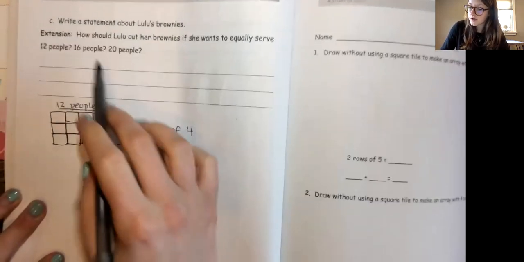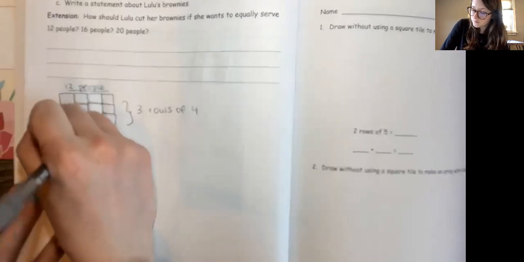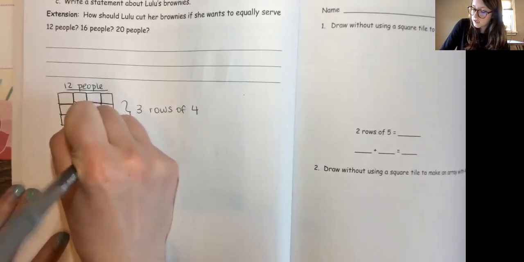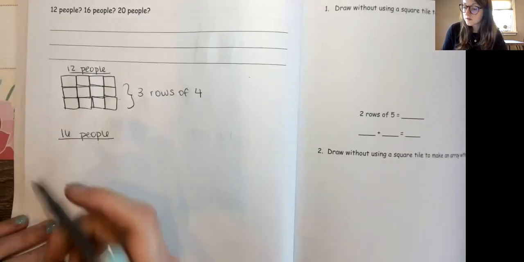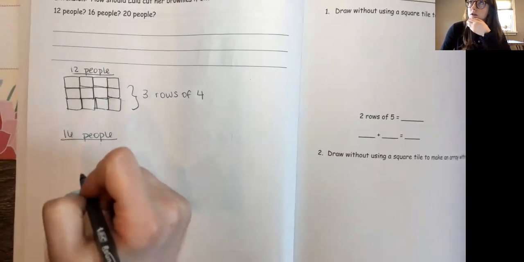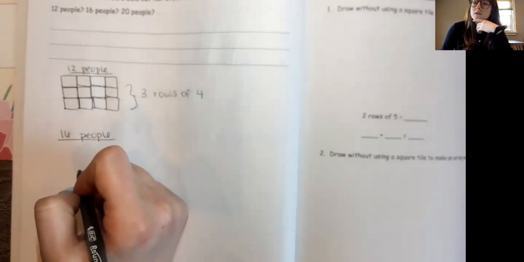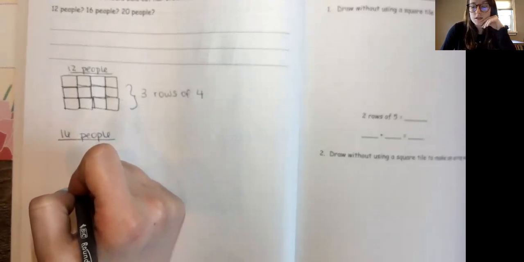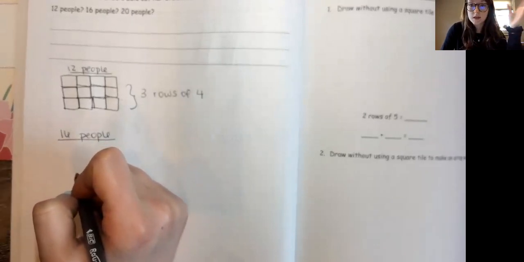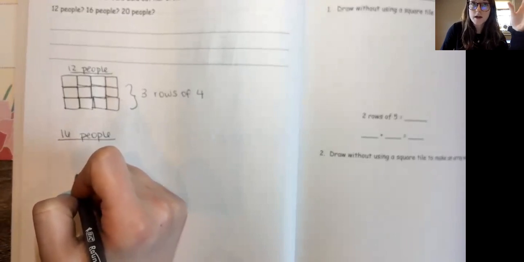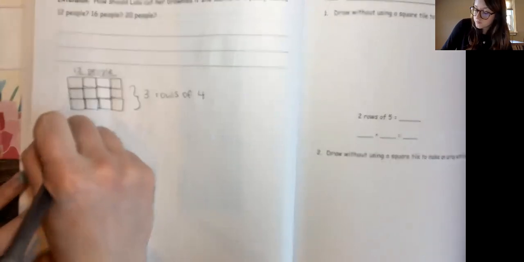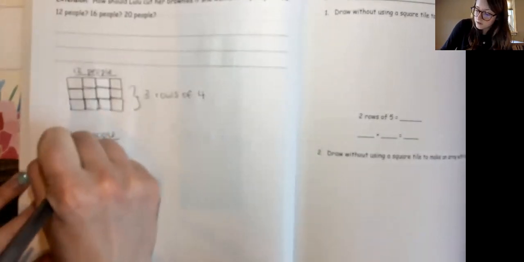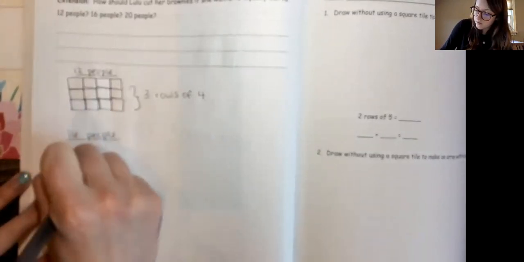If I wanted to figure out how many for 16 people, I'm going to do the same thing. I'm going to add my rows. So I know that if I'm thinking in my head, okay, what 2 numbers can I add together to get to 16? I know 8 and 8 makes 16. So I could do 2 rows of 8, or I could do 1, 2, 3, 4.